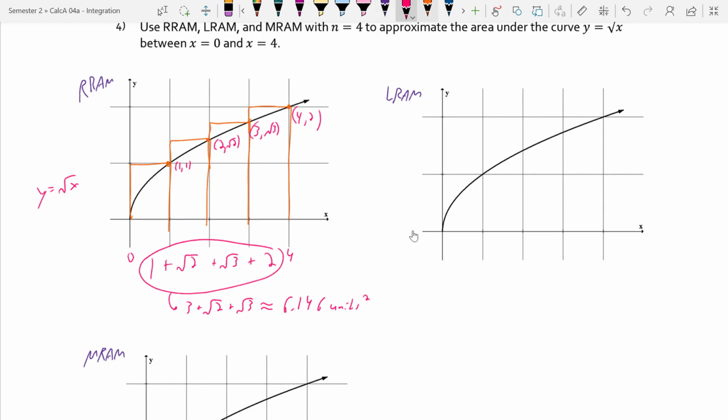Okay, now when we do LRAM, you're going to notice that this one looks a little weird. My first rectangle actually has 0 height. My second rectangle now does this. My third rectangle now does this, and my fourth rectangle does this.